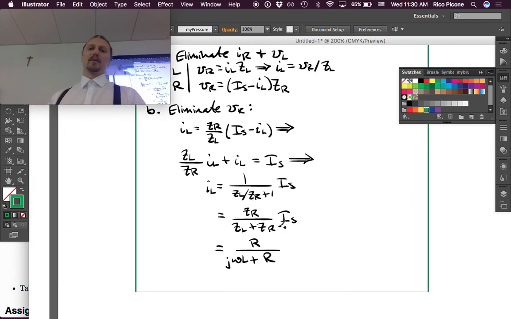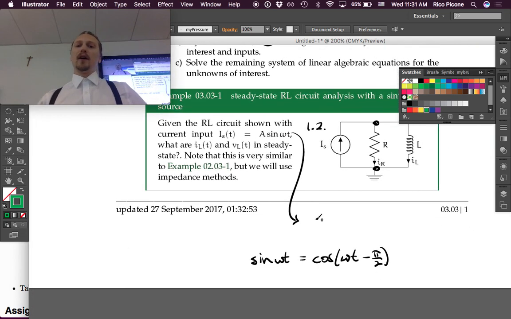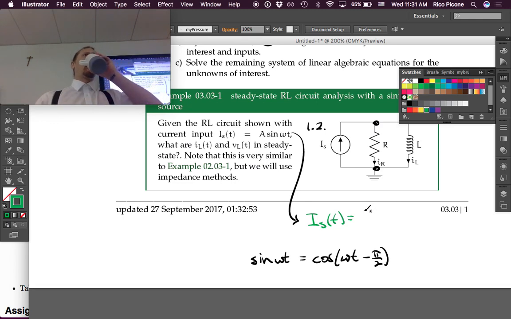So we didn't finish this yet. If we're going to write our phasor in the cosine convention for a sine omega t, how are we going to do that? Is of t equals, we're going green for this equation, apparently. How do we write it in phasor form? Do we ask Google?